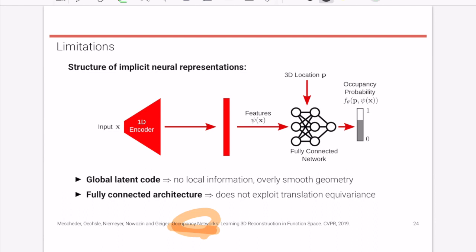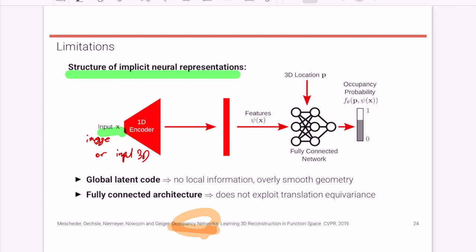okay, let's go back to the structure of the implicit neural representation. Given input x, it's going to be an image or input 3D.